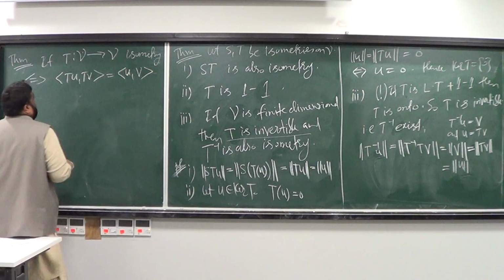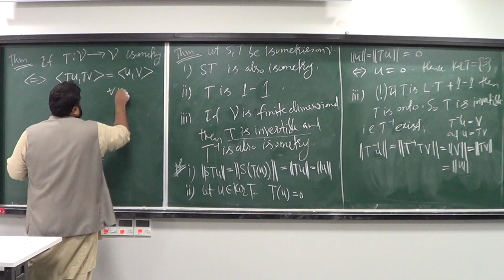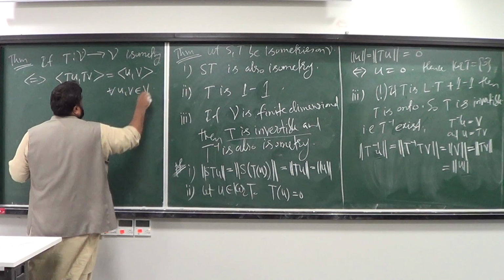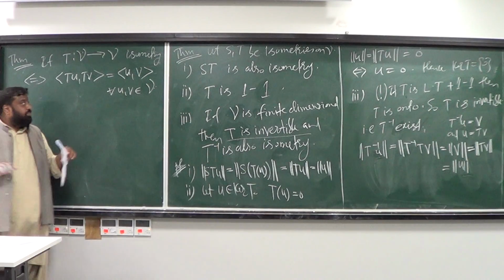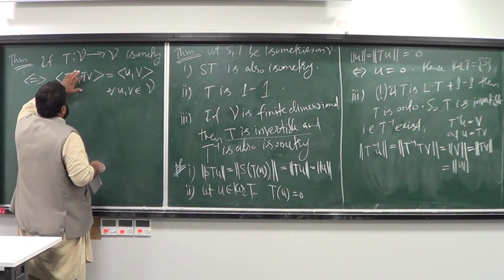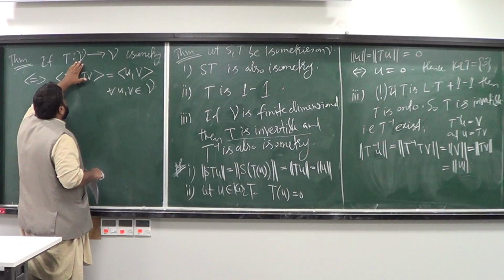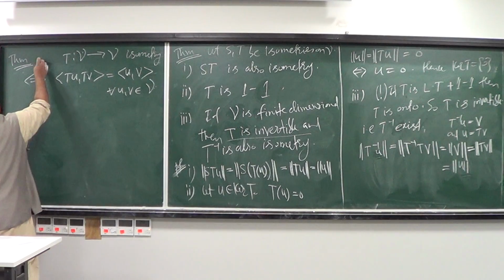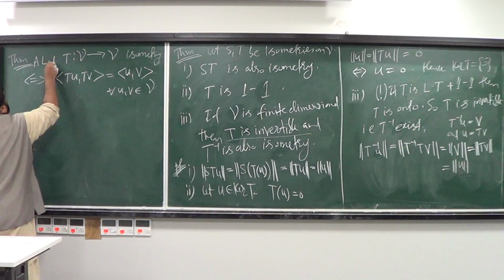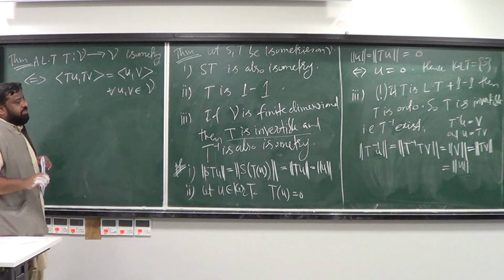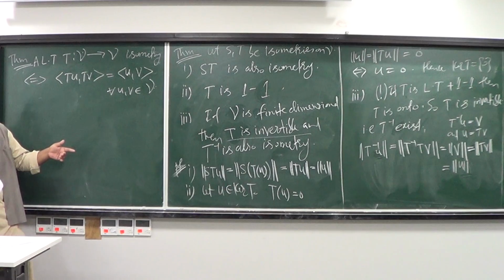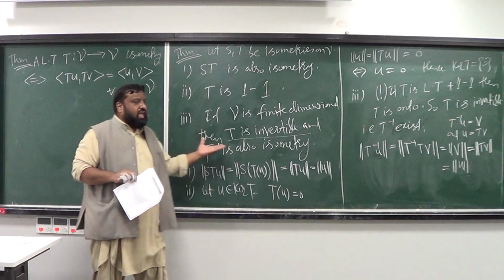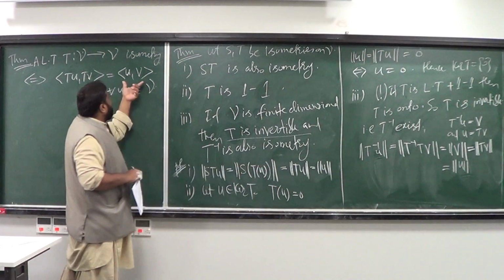In other words, for all u and v from calligraphic V. So what does this show? This shows that a linear transformation T from inner product space V to V is going to be an isometry if it not only preserves sizes, but it also preserves inner products.